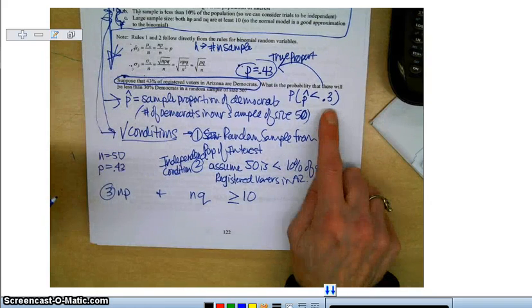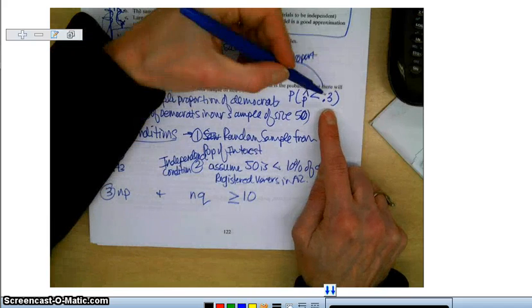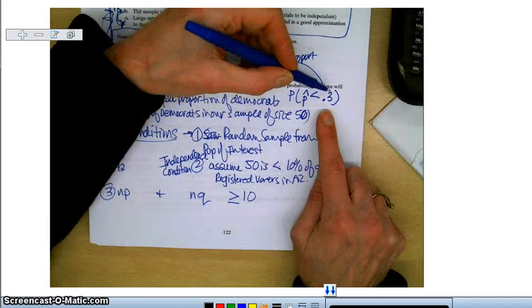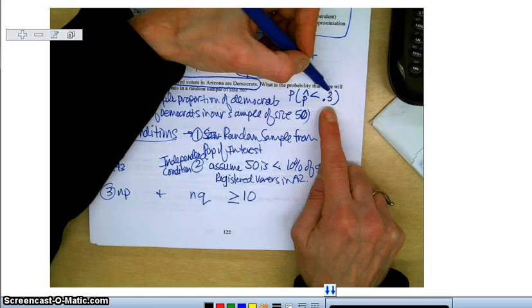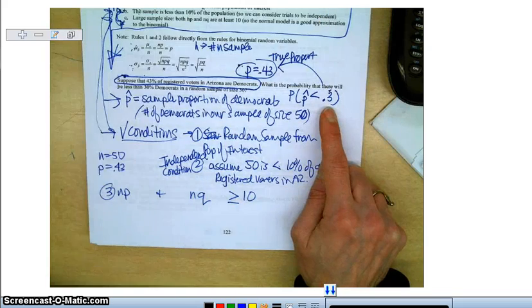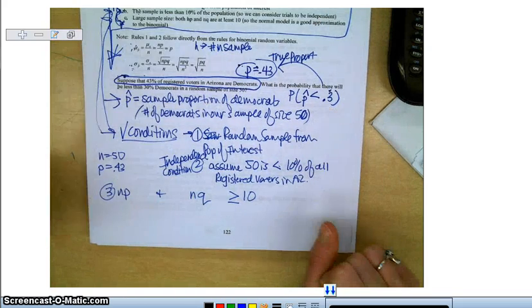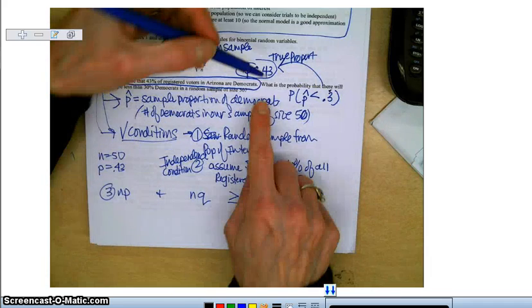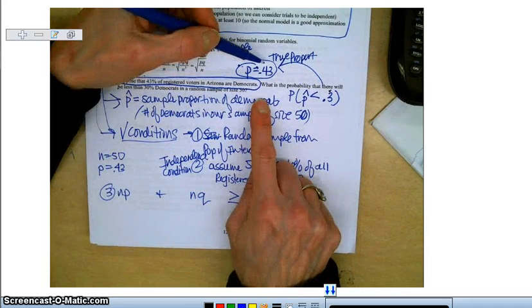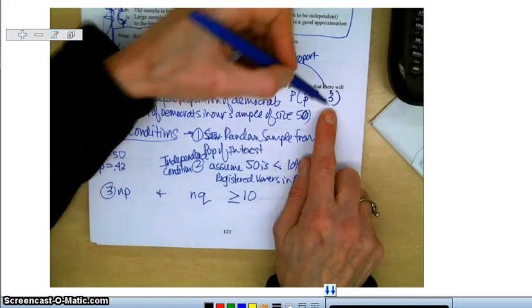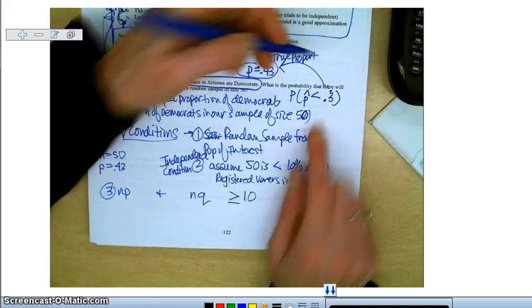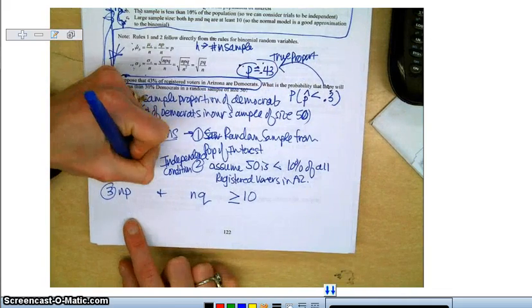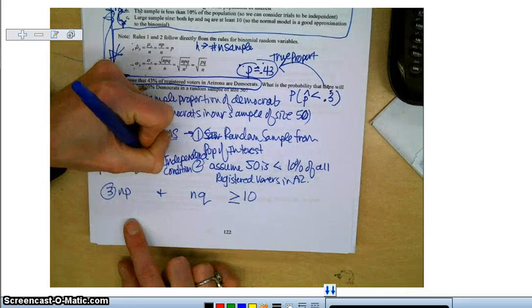The only place you use the 0.3 is right there in the probability. The true proportion is what you use because we're assuming the true proportion is true. Knowing this is true, what's the chance this happens? And that would make Q equal to 0.57.